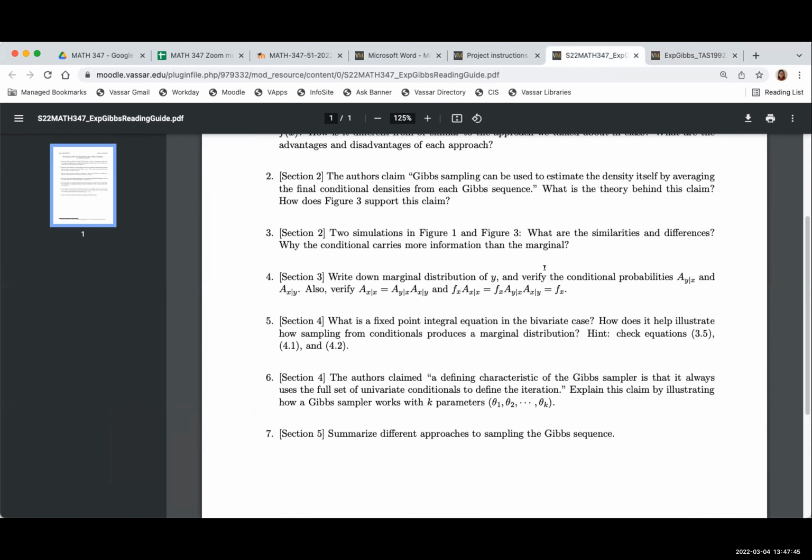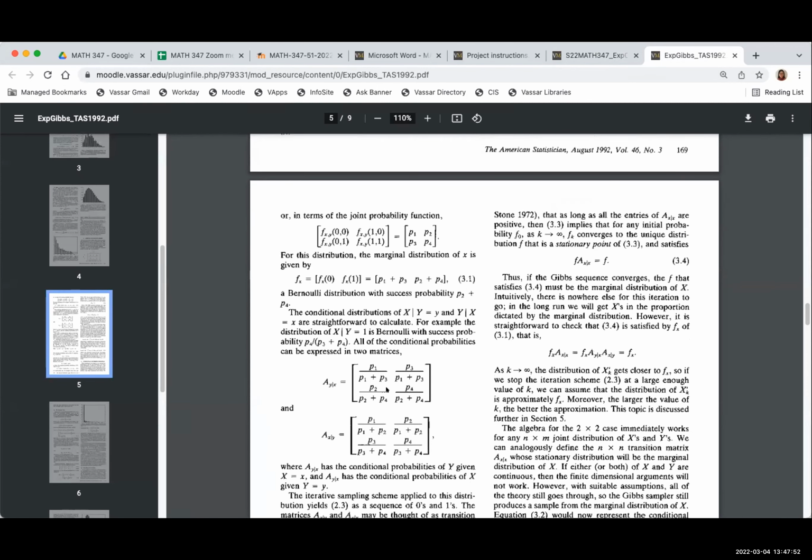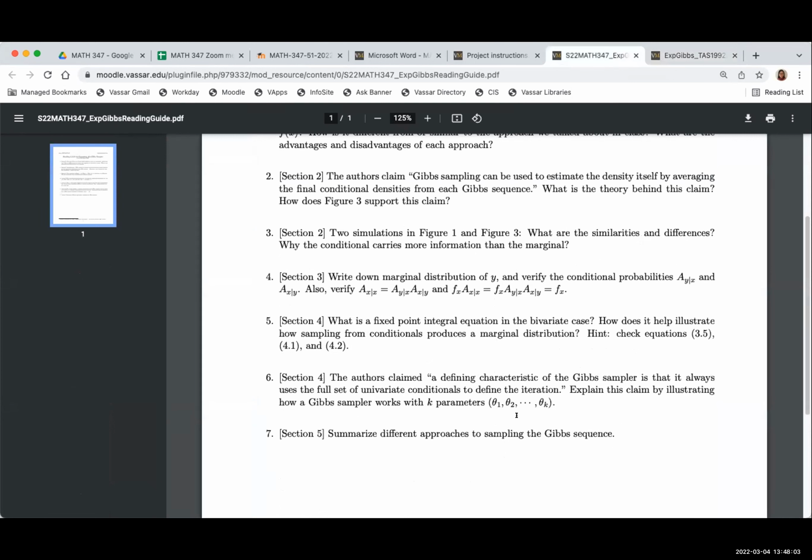And then they also ask you to verify the y given x and x given y, which are given to you. So the first part is to verify that this is true. Hopefully that is roughly straightforward once you work out the matrix algebra a little bit. The second part is to also verify, if you look at the form carefully, that the transition matrices they're working with are such that if I do y given x first, and then multiply that with x given y, I will get back x given x.